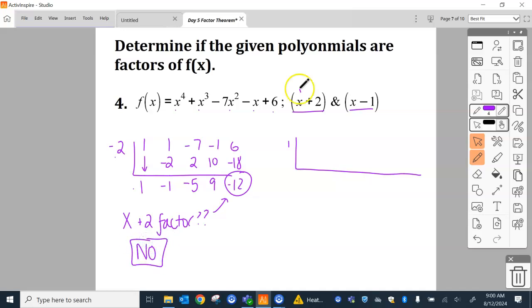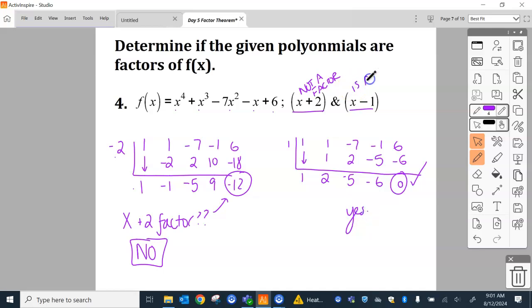But let's check x minus 1. So we change the sign, same coefficients as before. Bring down that first number, multiply, add, multiply, add, multiply, add, multiply. Whoop whoop. Yes. So x minus 1 is a factor.